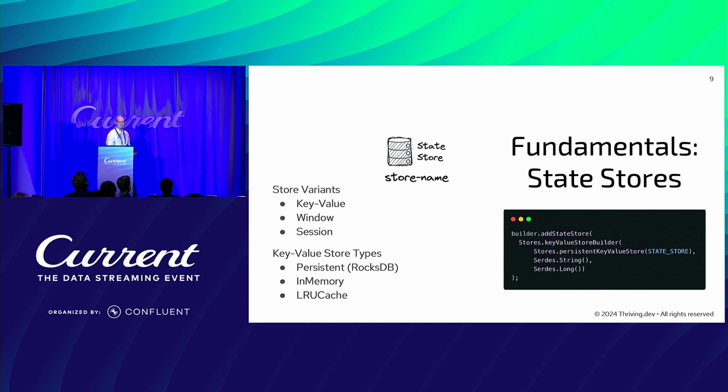We are particularly interested in the key-value stores today, and those also come with different types. The default, if you do not specify anything different, is a persistent store, which is RocksDB under the hood, which persists your data to disk. But there's also an in-memory state store. And there's also, less commonly known, an LRU cache, the least recently used cache, also one of the patterns we will see in a few minutes.